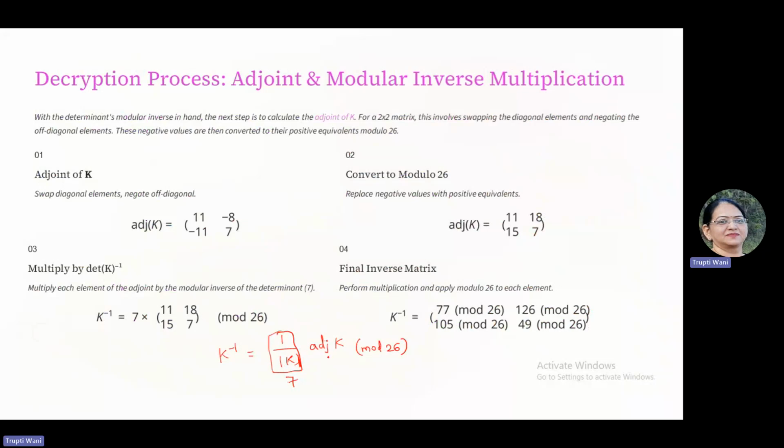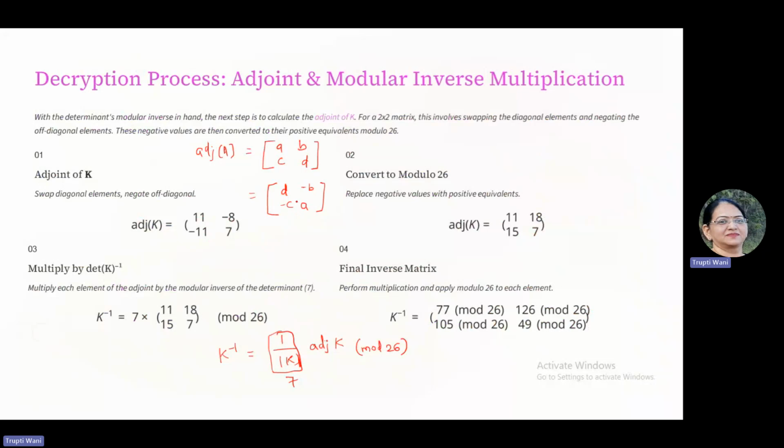Now we have to find out the adjoint of K. So adjoint of K for a 2 by 2 matrix, write down this 2 by 2 matrix. Adjoint, I think all of you know, still I will tell you the adjoint of A. Suppose this is a matrix A, B, C, D. Then adjoint is equal to D, A: change the place of these numbers, and then put the minus sign on the other two.